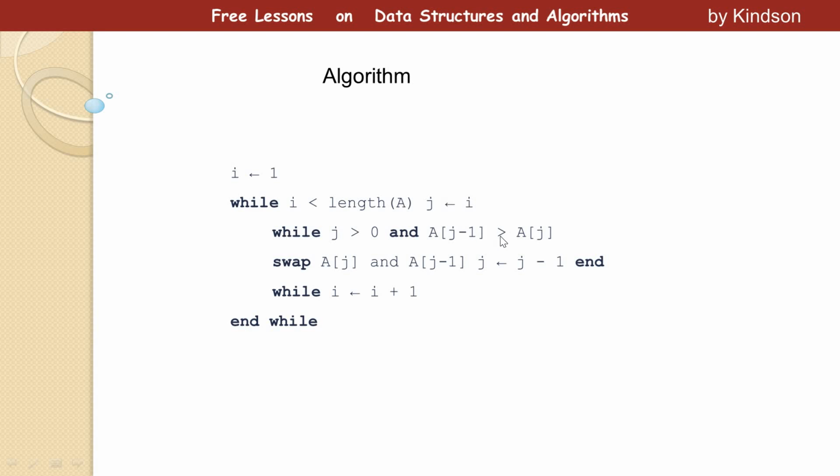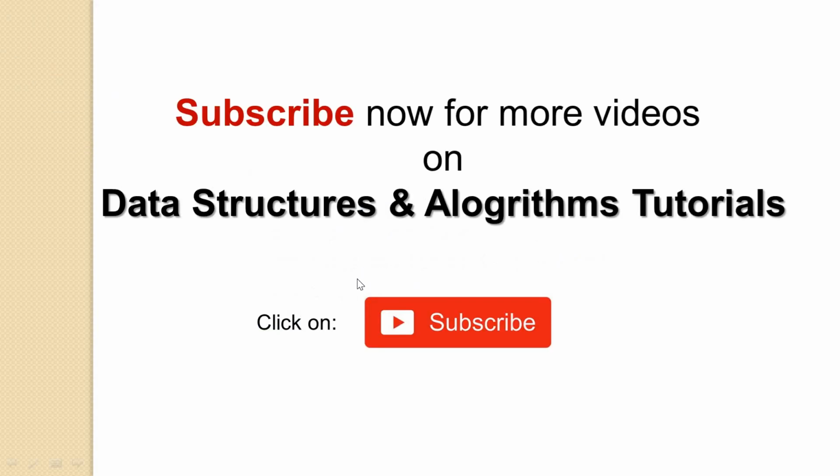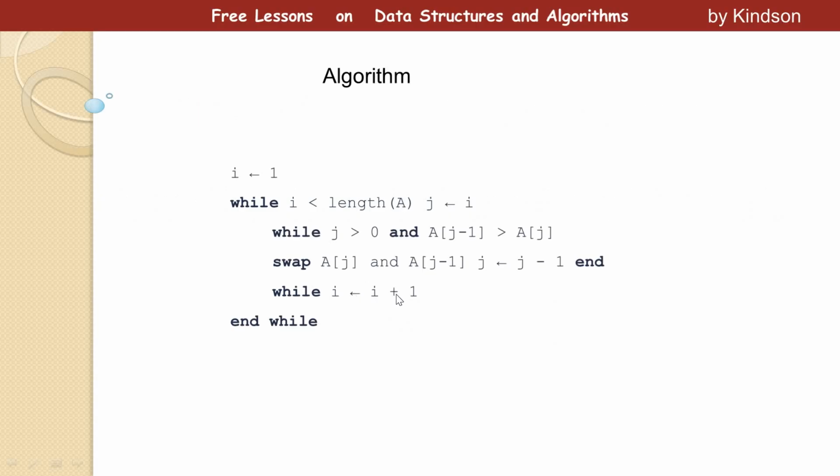So when the element being compared is greater than the element in place, what you do is swap A[j] and A[i] all the way until the end. So you continue to do this, you increment i, okay, in this while loop, until you complete traversing the whole array. So this is actually an algorithm.